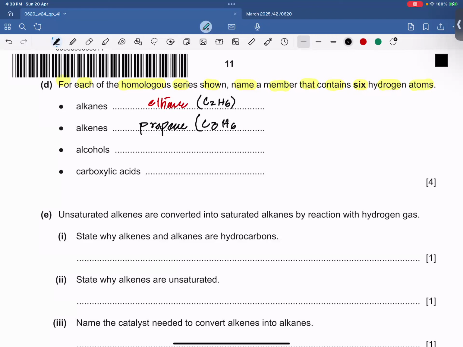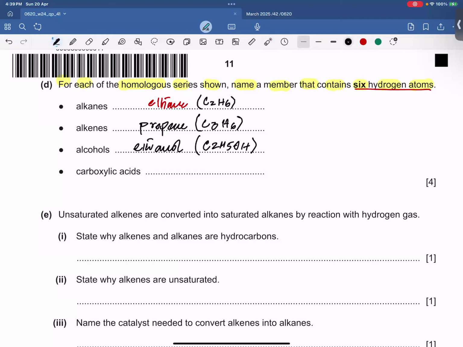Its formula is C3H6. Alcohol, ethanol, because its formula is C2H5OH, which means in total we have 6 hydrogen atoms, okay? ये 5 हाइड्रोजन है, ये 1 हाइड्रोजन becomes 6 हाइड्रोजन.